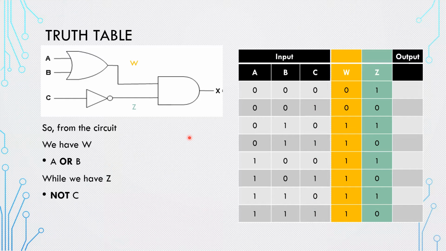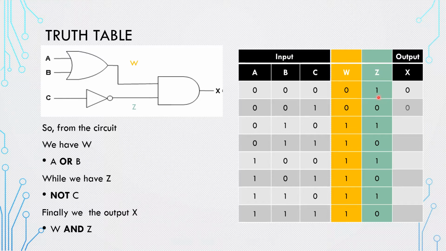Now I can find the output X by doing an AND operation between W and Z, since these are the two that enter the AND logic gate. So 0 1. What does this mean for the outputs? In order to get 1 for an AND operation, both of the inputs should be 1 in order to have the output 1.